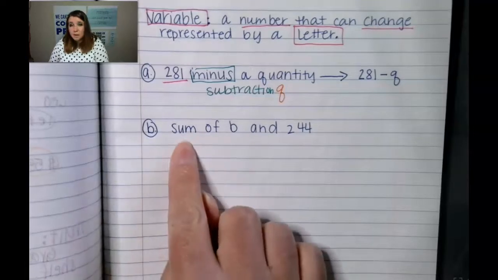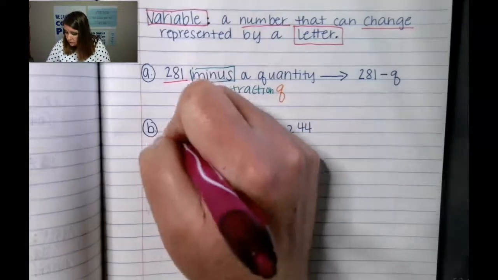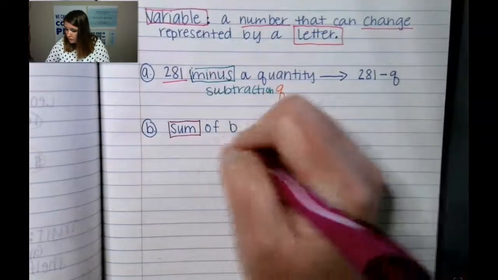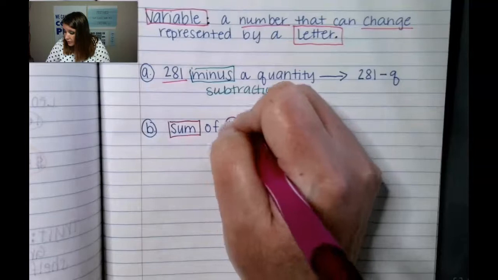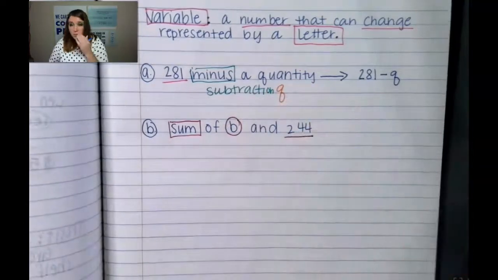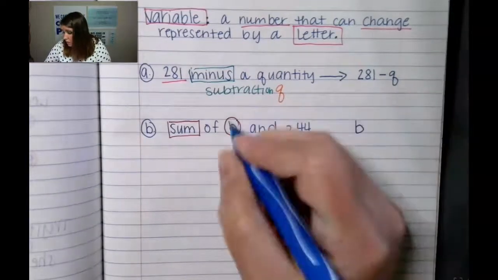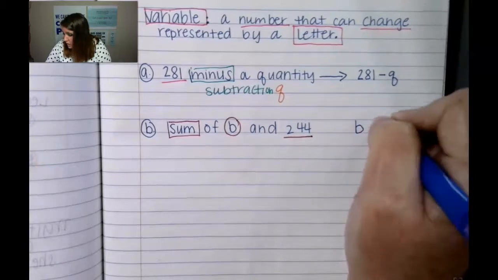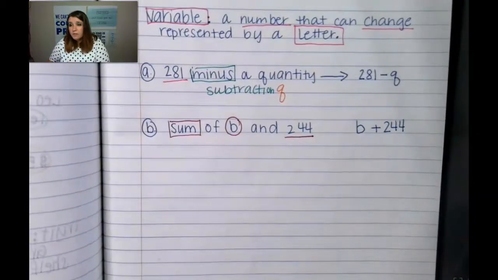Our clue word is sum. We know sum is addition. We know we're going to be using this letter and this number. It doesn't matter which one we start with in this sense because with addition, they can go in any order. So we can add B, because it comes first, plus 244. So B plus 244.